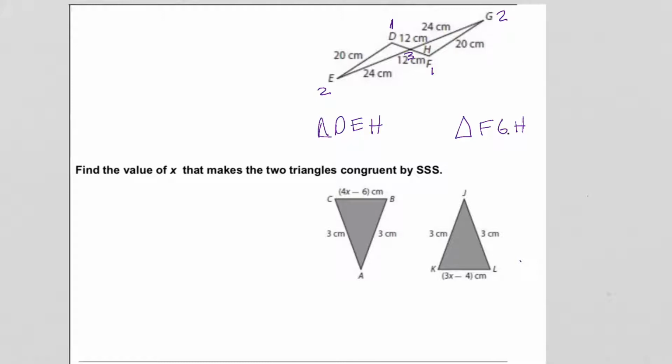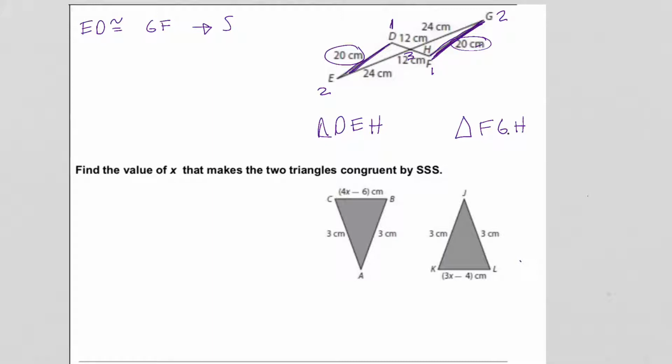So let's take a look at ED. ED is 20, and the thing that corresponds with ED is this section here, GF. And they're both 20, so these are congruent. So there's one side. One side's congruent to one side.